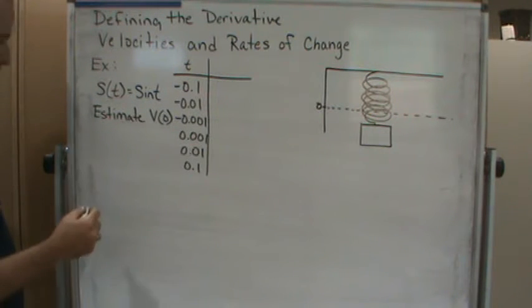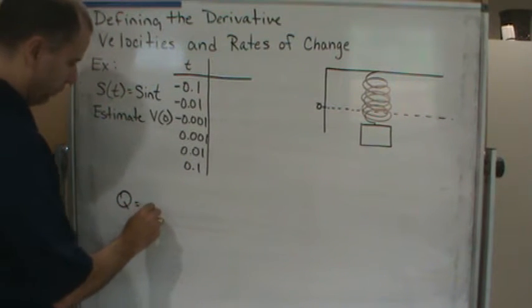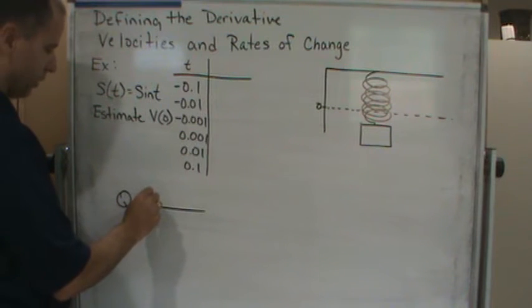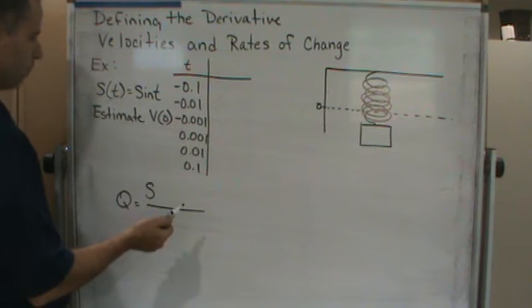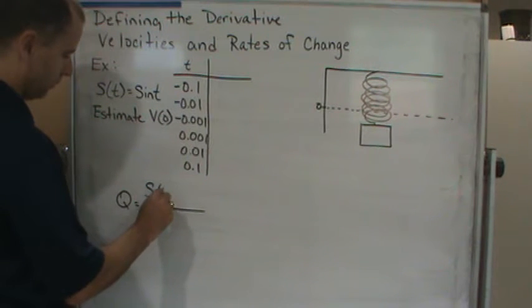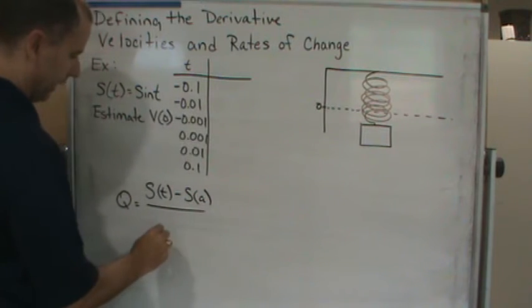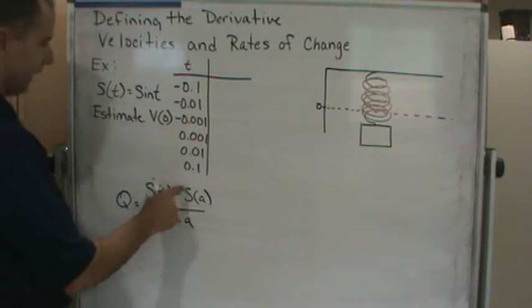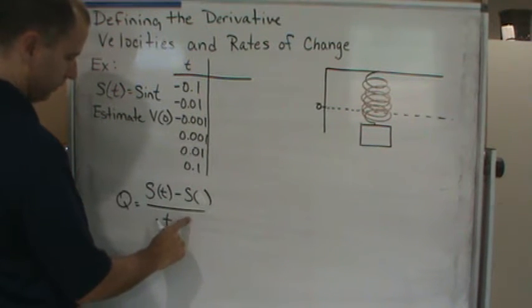So we know the difference quotient, Q, for this situation, because we're estimating velocity, is going to be S of t minus S of A over t minus A. And of course, A in this case is 0, so we'll put this as 0.